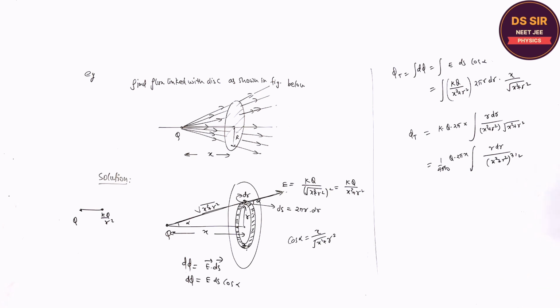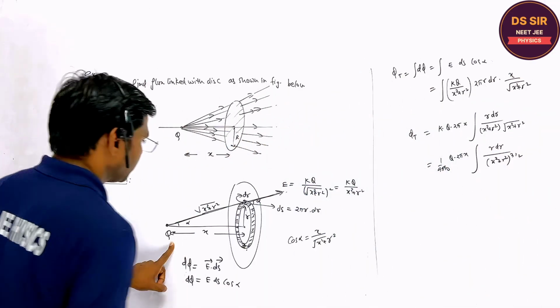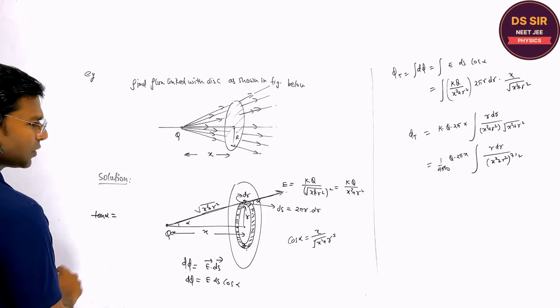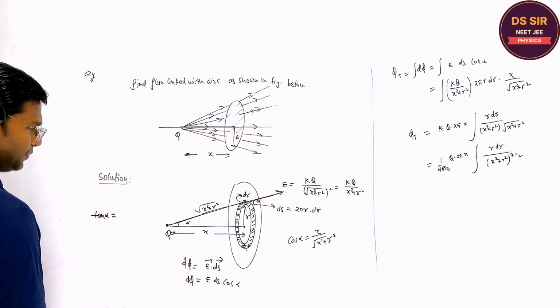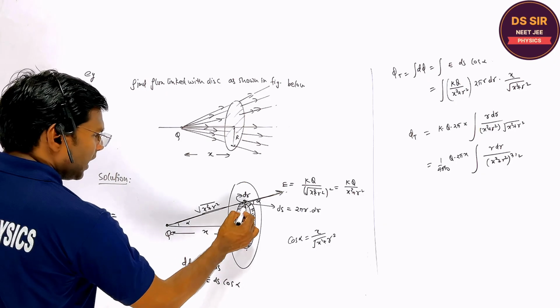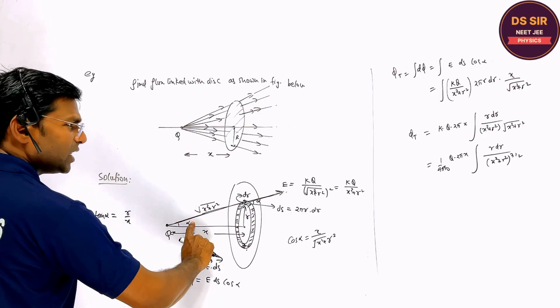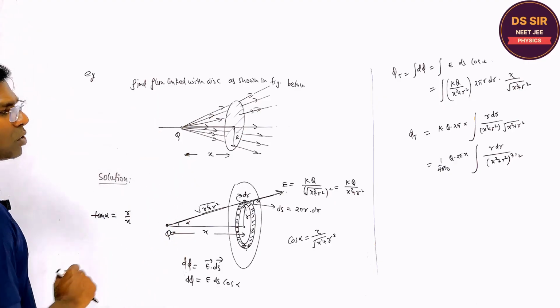The integration can be done in two ways, by substitution or by taking tan alpha. Listen one thing, you can put tan alpha equal to r upon x. Here alpha is variable and this r is also variable.